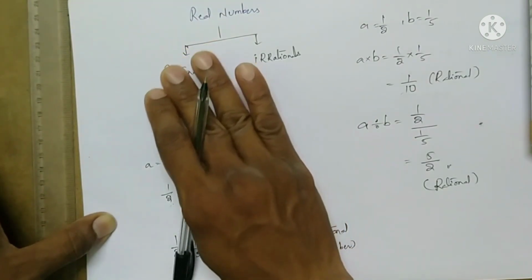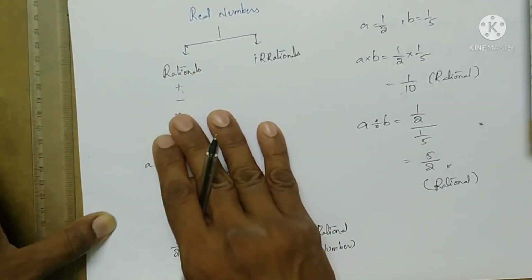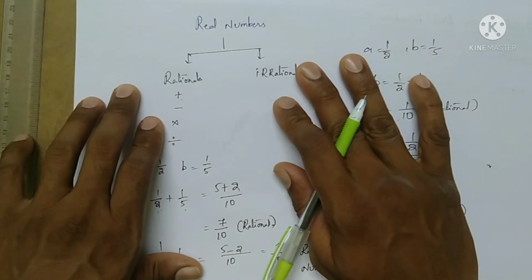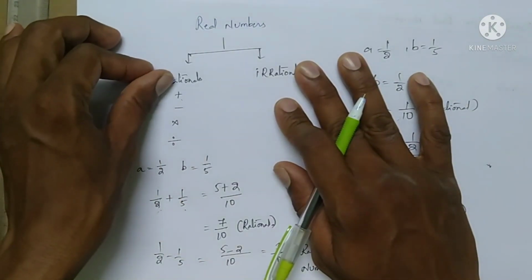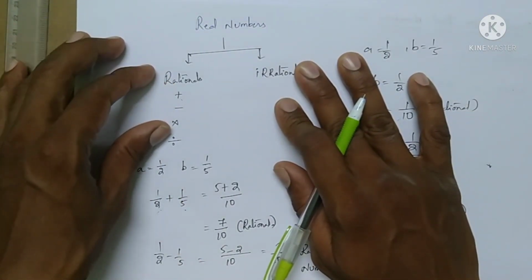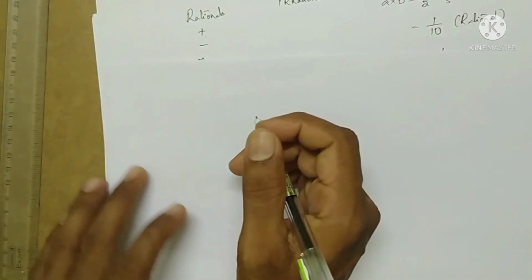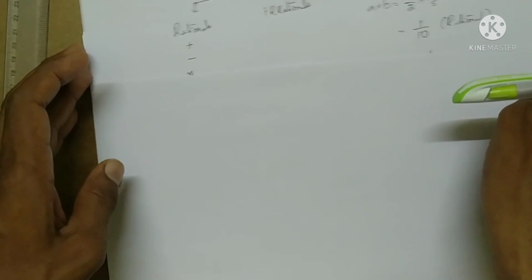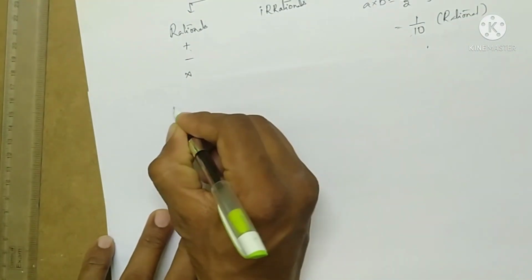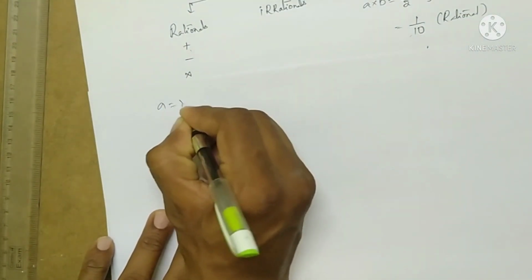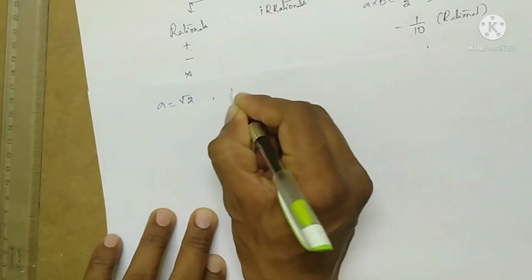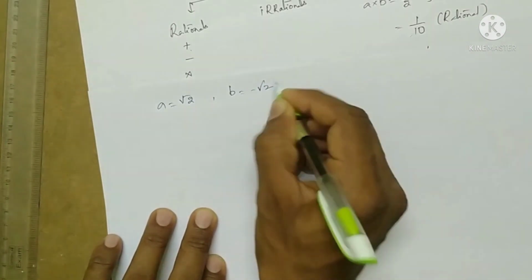Rational numbers always follow these fundamental operations, but irrationals are not closed with these four fundamental operations. First let's take two irrationals. Here a is equals to root 2, b is equals to minus root 2.